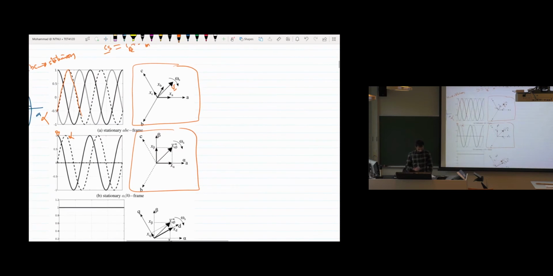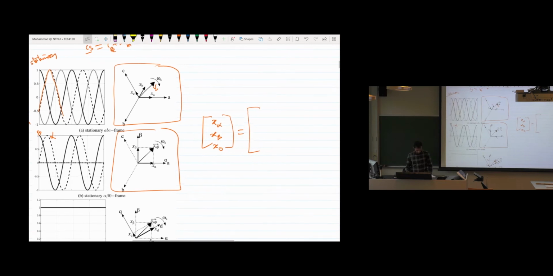And if you look at the transformation matrix, like how we can get this X alpha and X beta, it's also possible to put in the zero component, and then you get a transformation matrix which is like 2 by 3 here, 1, minus half, 0, square root of 2, root of 2, times XA, XB, XC.